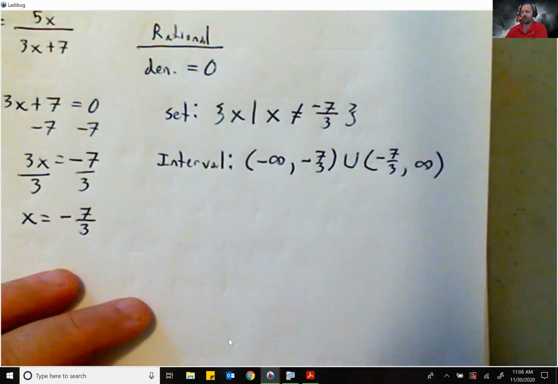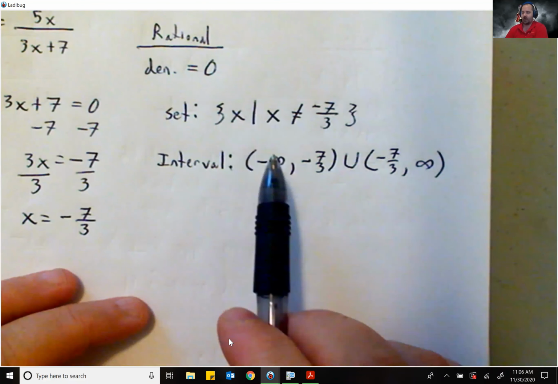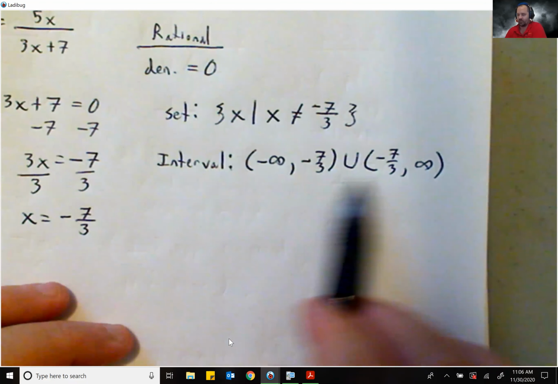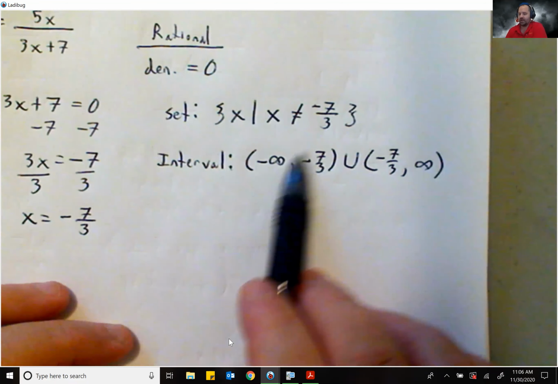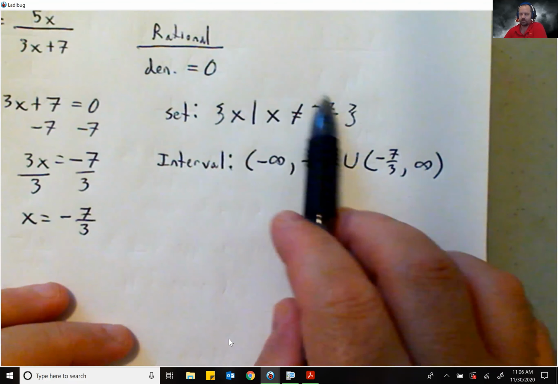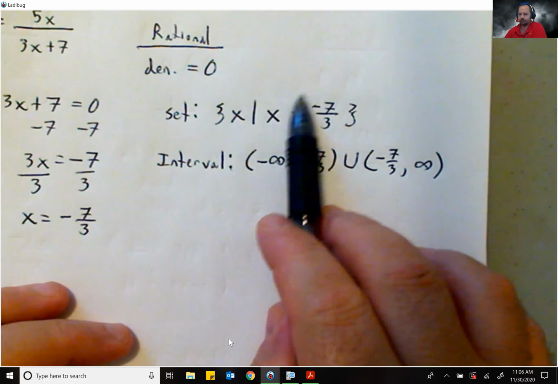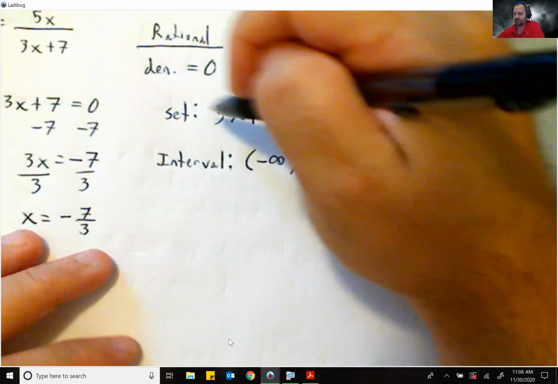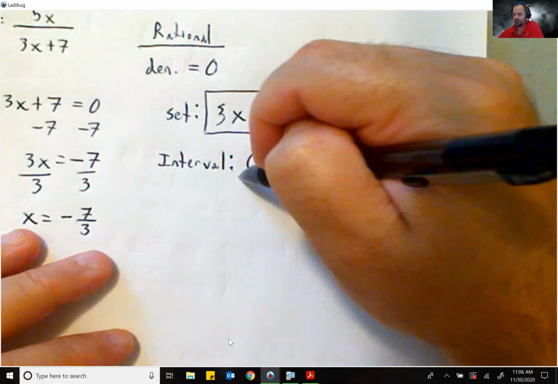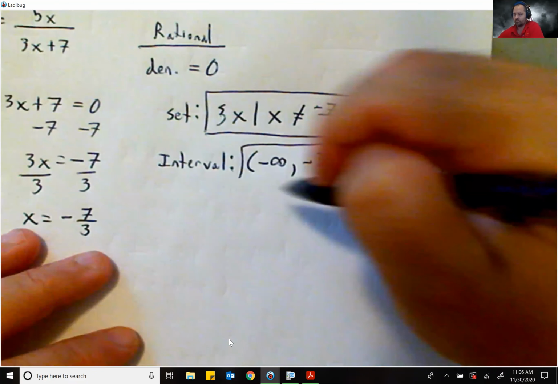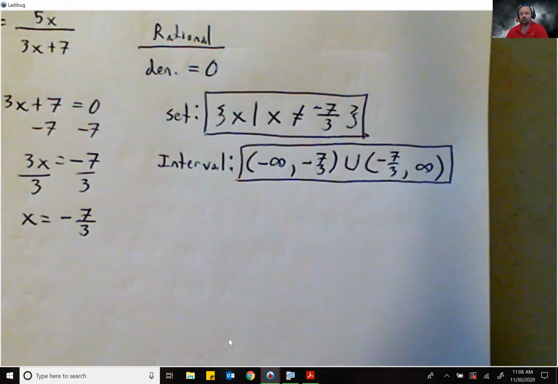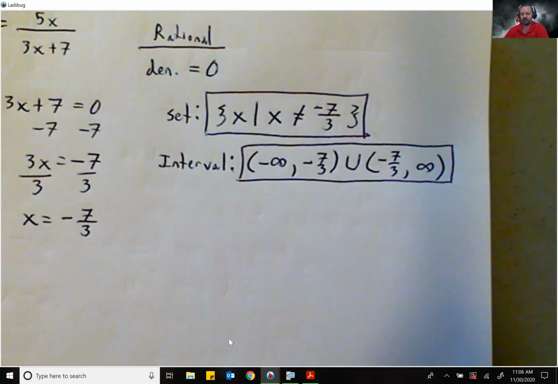So these are the two kinds of answers. I think in iMathAS, you're putting in the interval. And in MyMathLab, you're just going to type in the number in the blank. So these are the answers that you're looking for. There's the domain to the rational. Any questions over number 6?